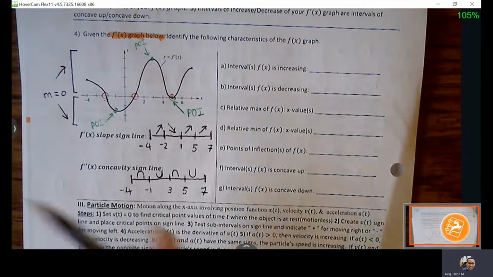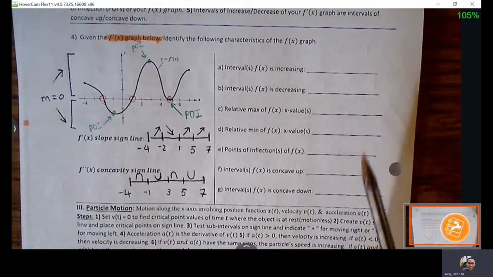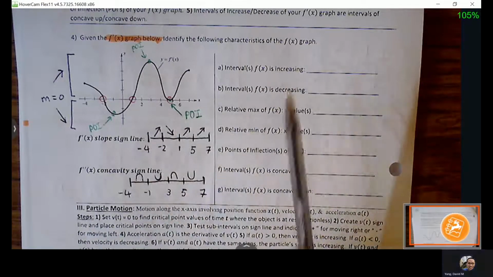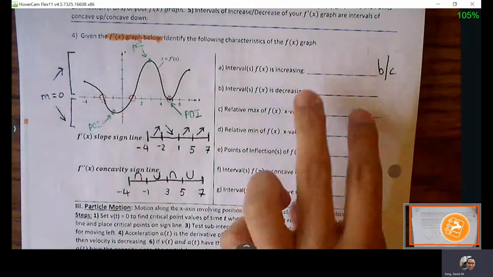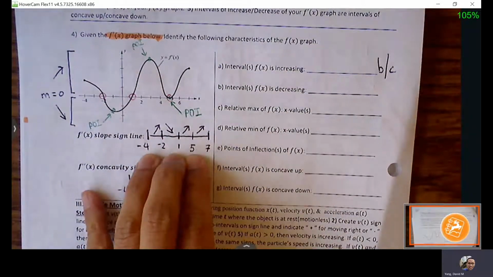So using these sign lines here, can you fill out A through G? It should be easy because everything that you need is from these sign lines. Also, I want you to practice writing because statements for each of these terms. Increasing, decreasing, relative max, relative min, you can pull all that from the slope sign line.